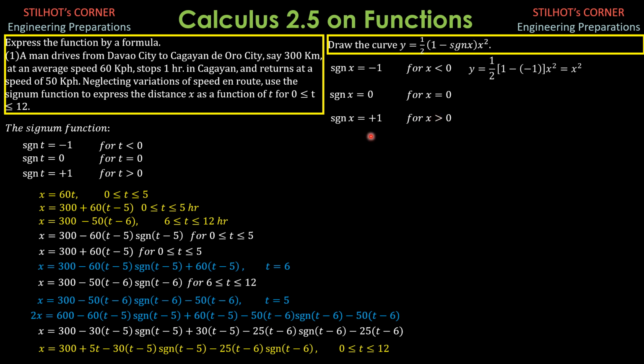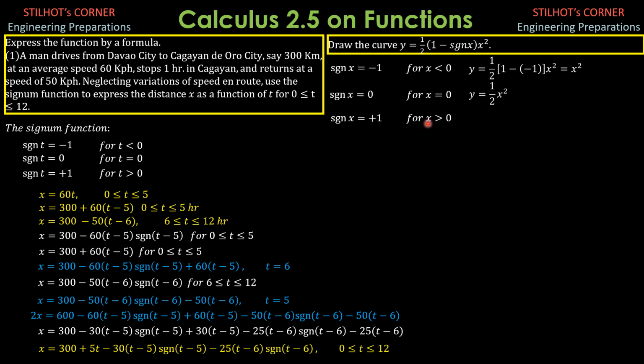Then finally, when x is positive or greater than 0, then sgn x is 1, so this becomes 1 minus 1, so 0. That means that the curve is y equals 0, or it is constant 0, which is the x-axis, for the case where x is positive or greater than 0.